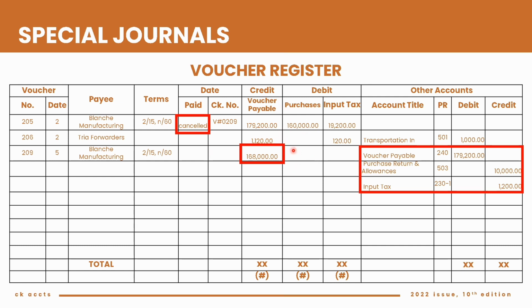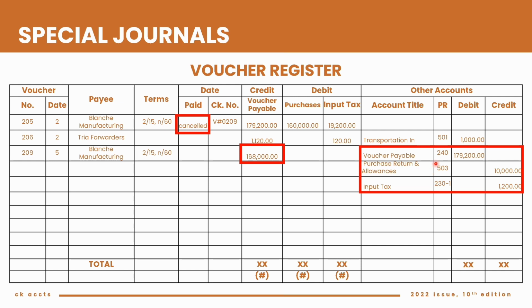The voucher payable amount is also new. Then, here in our other accounts, you will see that we have the account title voucher payable. So, why do we have voucher payable here? Because we are recognizing our voucher payable from the previous voucher of 179,200. Right, when we say voucher payable, this is a liability account in its nature, because it is payable, right?